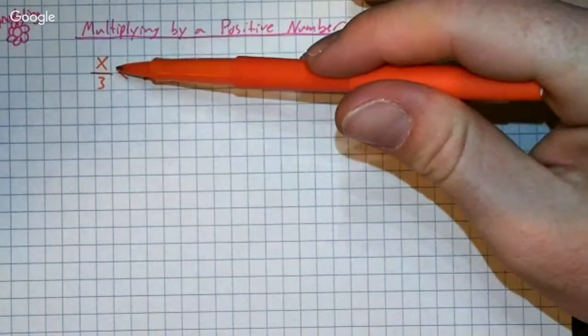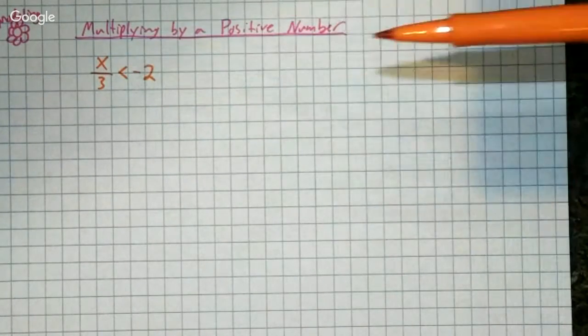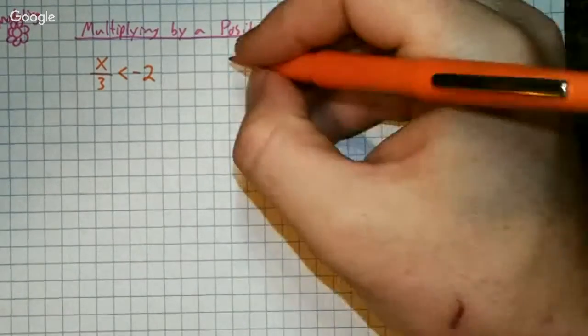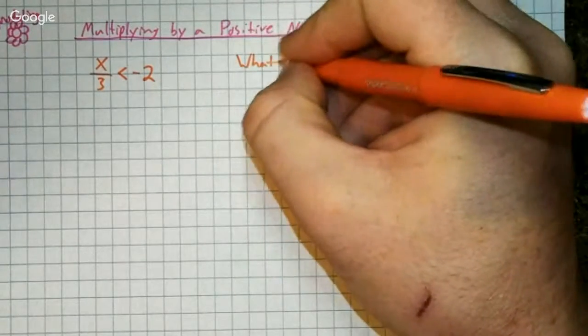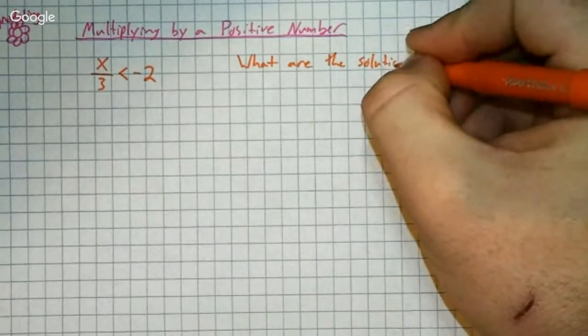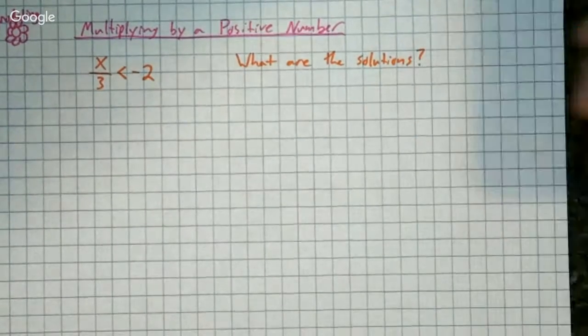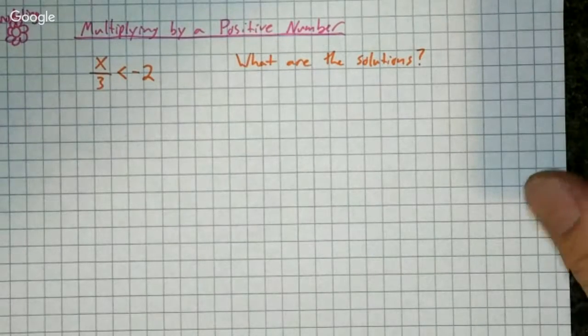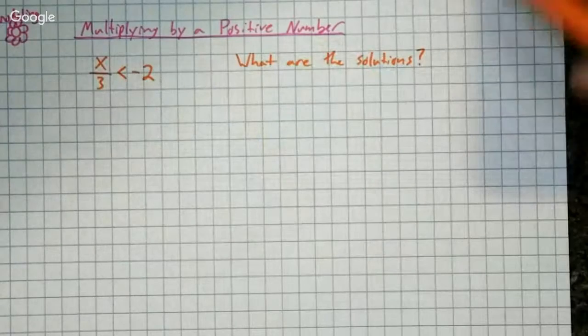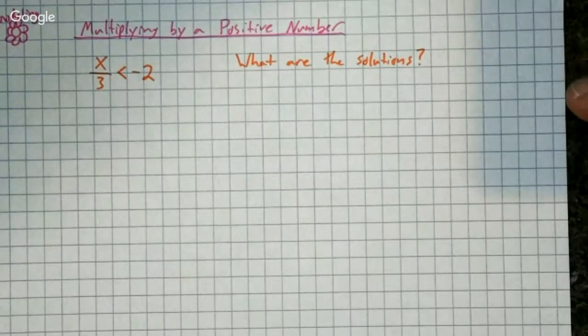X over 3 needs to be less than -2. Now how do we find what the solutions are? You could just guess every number in existence and do the equation each time and check off the ones that are correct, but that would take a lot of time and you'd never be done.